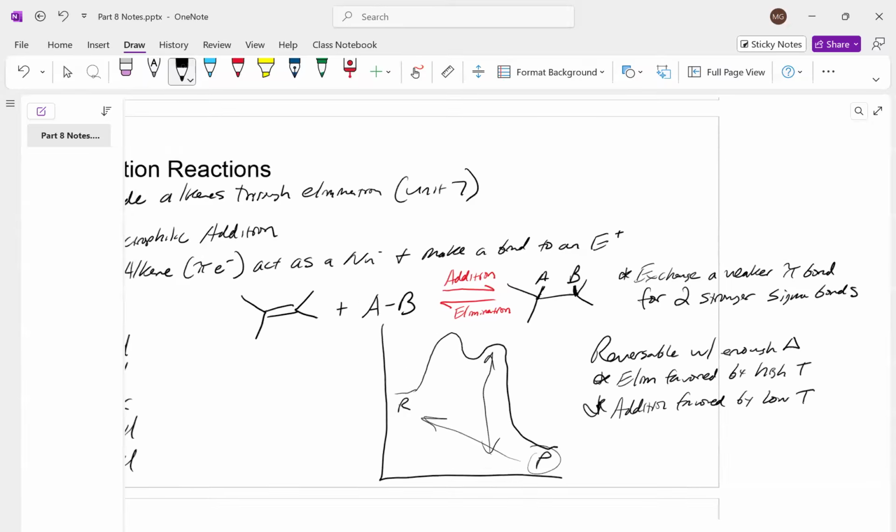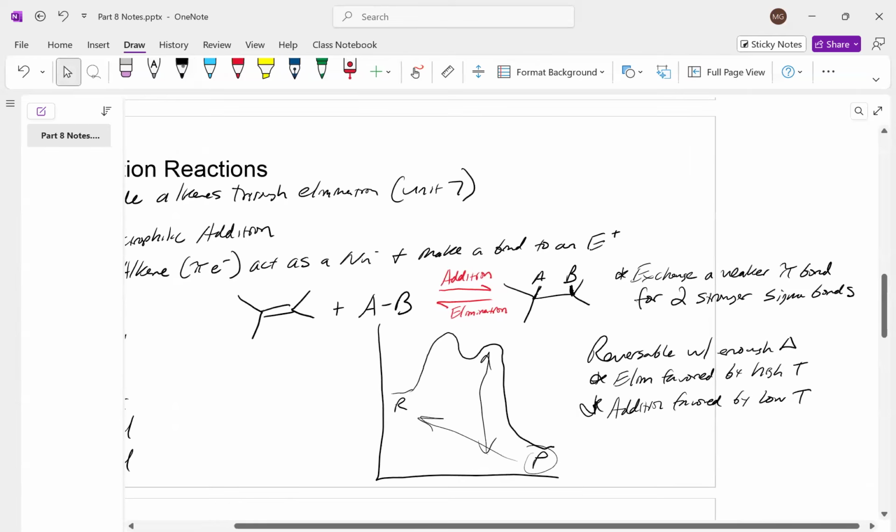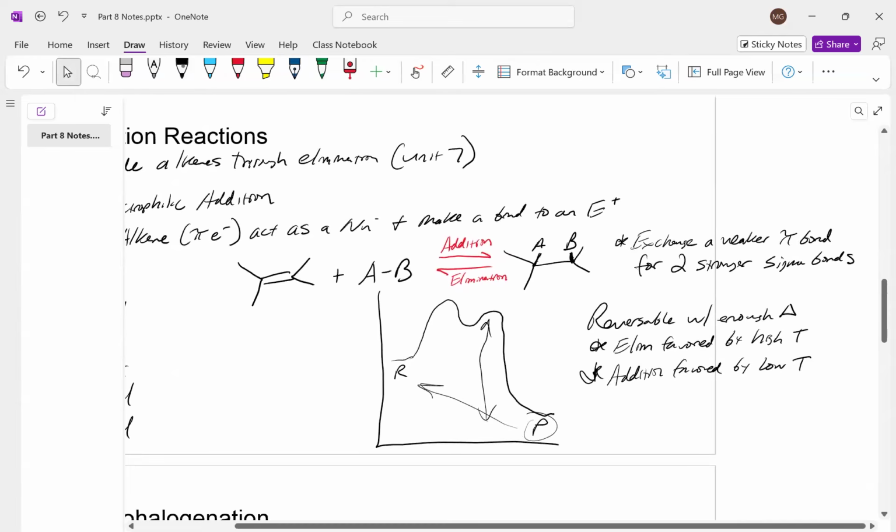Although most of the time you'll probably see me use a single arrow instead of an equilibrium arrow, you'll want to make a note as we go along. You'll see that some of the reaction conditions for addition are set pretty low simply to maximize going to the product instead of having it go back to the reactants.